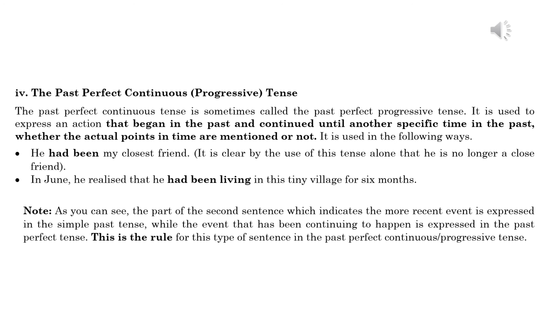This is the rule for this type of sentence in the past perfect continuous or progressive tense. In the next lesson, we will look at the future tense and how it is used.